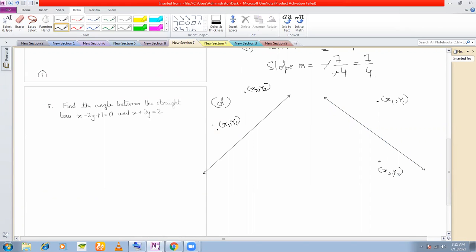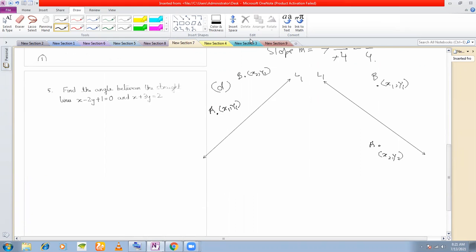How do you check whether 2 points are on the same side of the given line L1 or on the opposite sides?